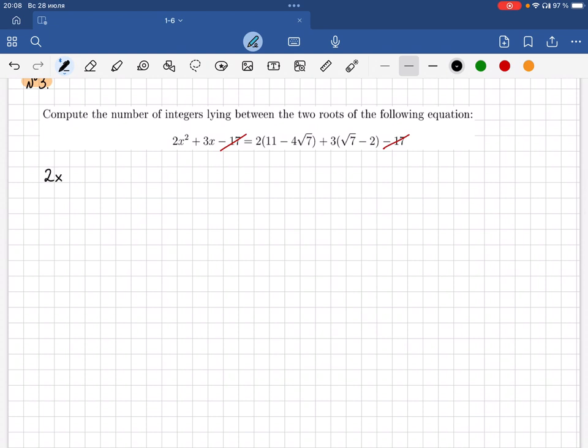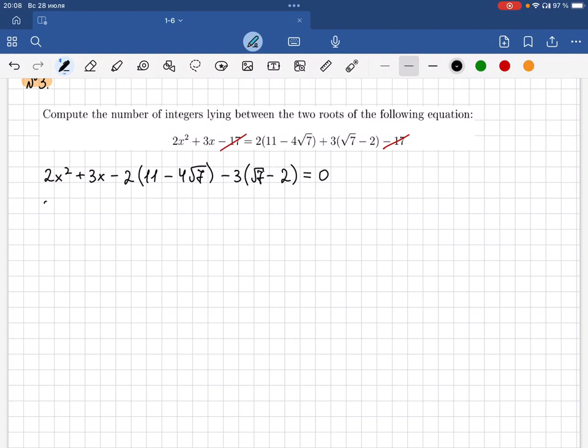We'll have 2x squared plus 3x minus 2 multiplied by 11 minus 4 multiplied by square root of 7 minus 3 multiplied by square root of 7 minus 2 equals 0.